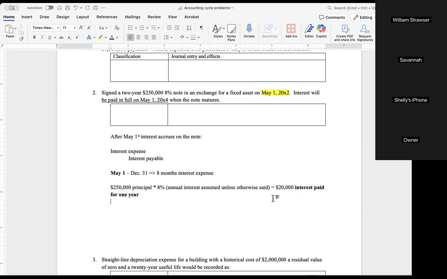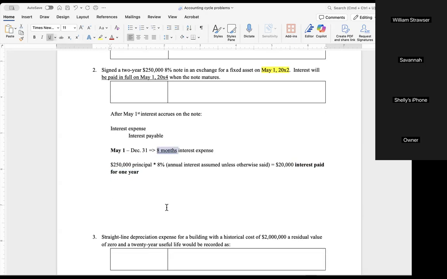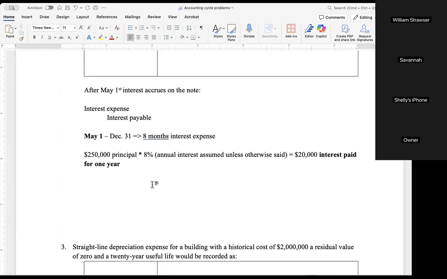Now we're not looking for a year, right? We're looking for 8 months. That's what we really want. And if 20,000 represents a whole year, then we just divide that by 12 to get it into a per month amount. And that is, if I round it, that amount.